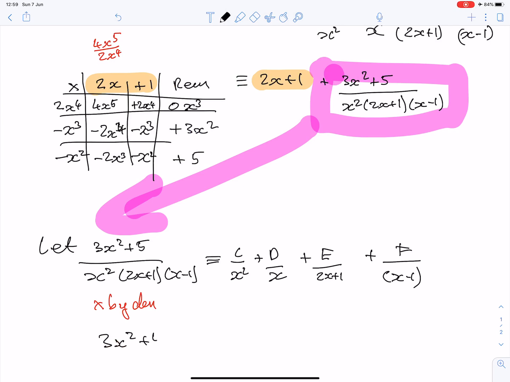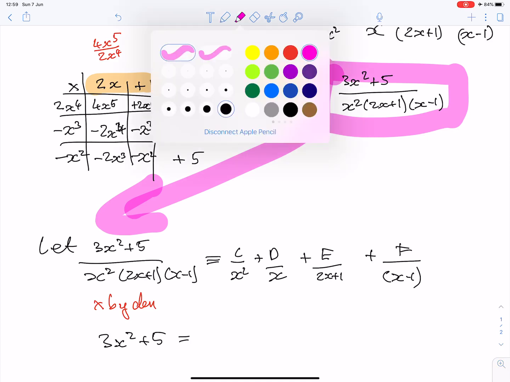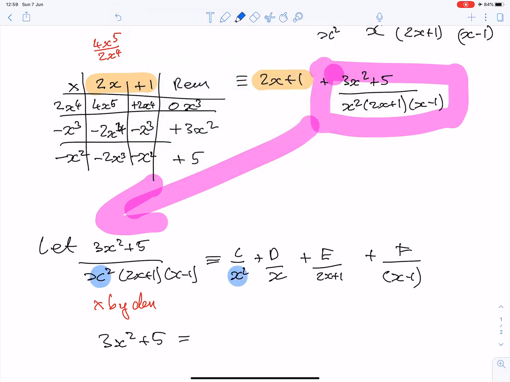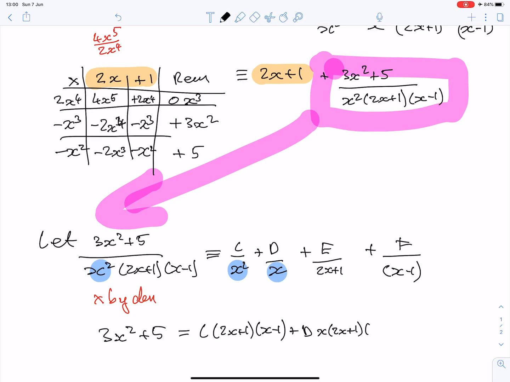So we get 3x squared plus 5 is identical to, so the x squareds cancel to leave c lots of 2x plus 1 x minus 1 plus d, well, one of the x's will cancel with the x squared to leave us d lots of x times 2x plus 1 x minus 1 plus e.